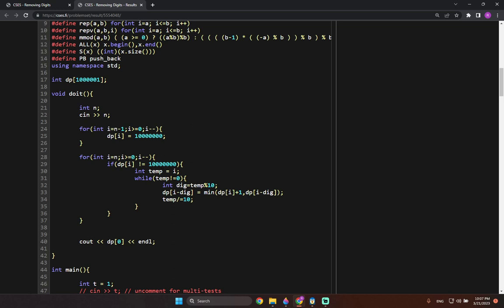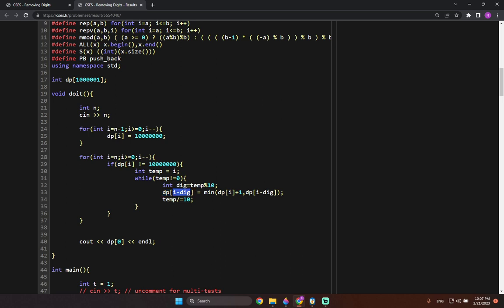And what do we do in that case? We take the number, so into a temporary variable, we save i, and then while our number is not equal to 0, we are going to get the last digit again with this technique, modulo 10. And the solution to our dp can be reused for the solution for dp[i minus the digit].